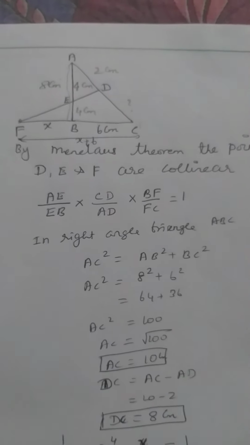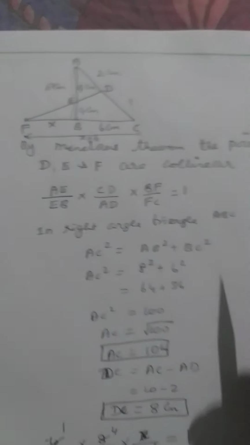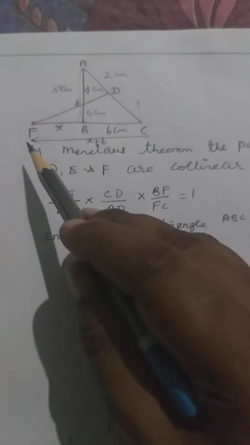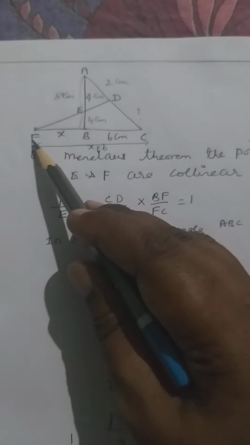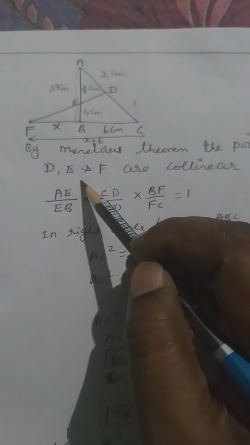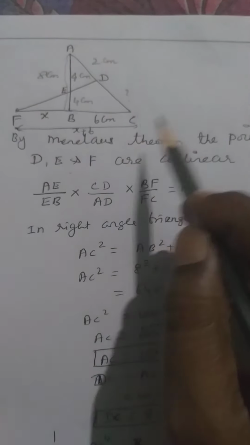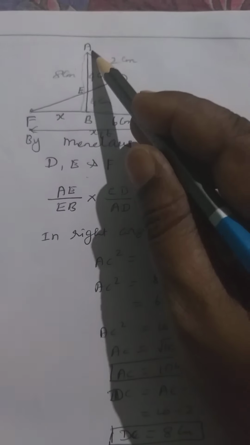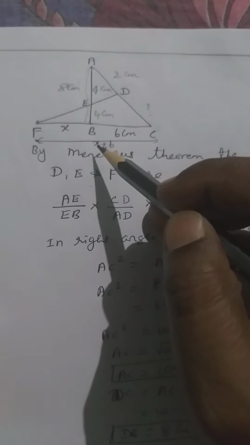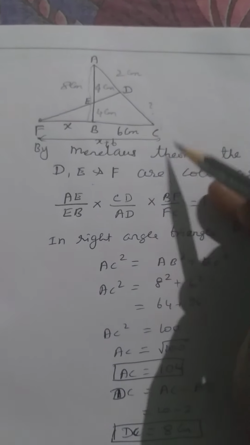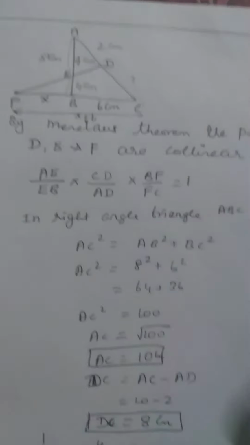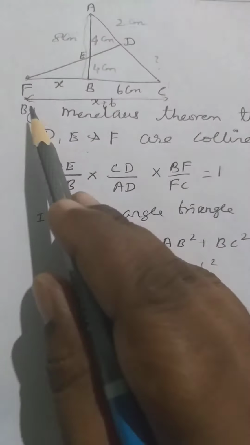To find BF, using this diagram, you use Menelaus theorem. The points D, E, F are collinear, lying on one line, so they are called collinear points. Therefore, by Menelaus theorem, AE by EB, then AD by DC, then BF by the full length FC.